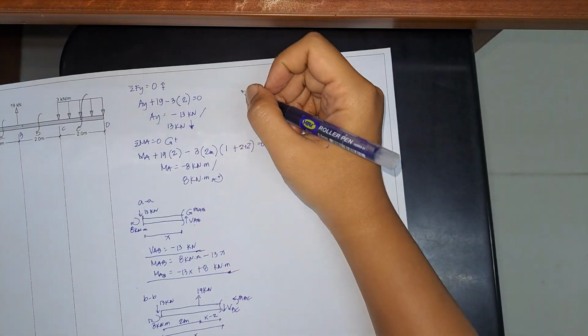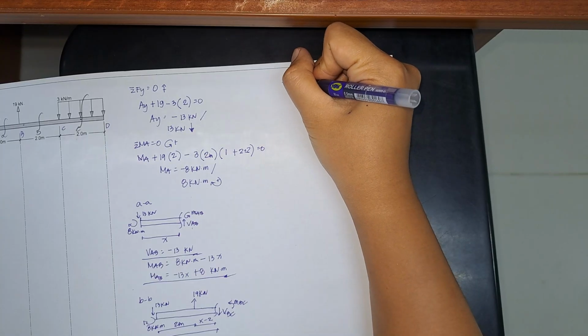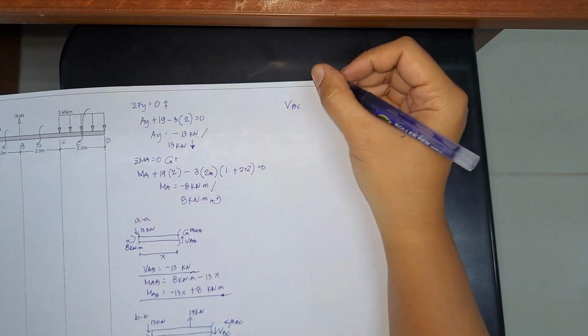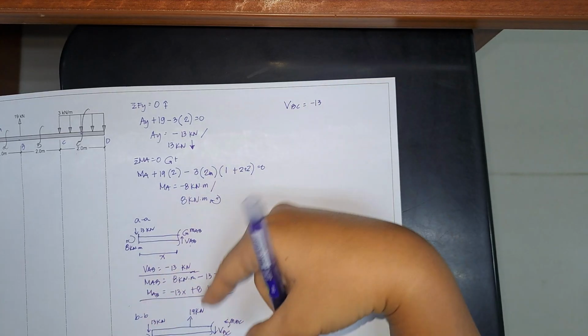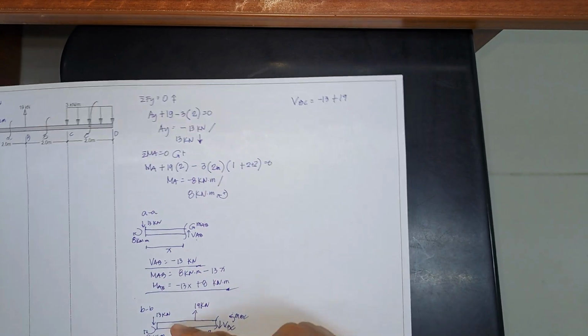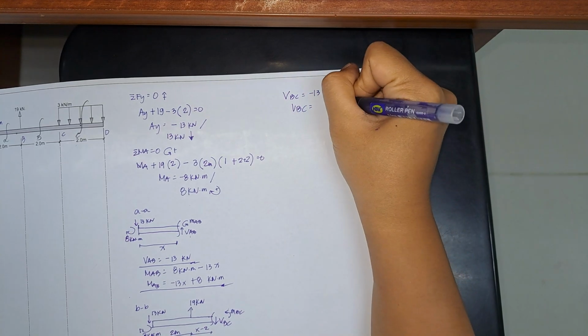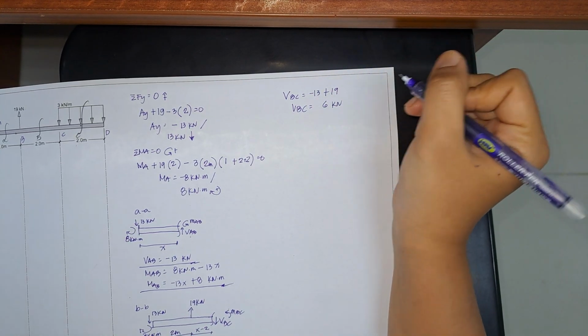Okay? So, we have here shear at segment BC. Lagay ko na po dito. We have here negative 13 plus 19. So, the shear at segment BC is equal to 6 kilonewton. Okay?